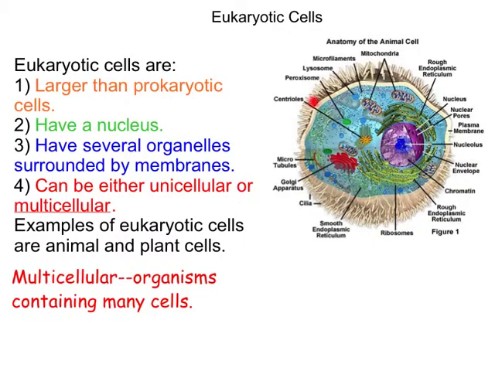So not only does the cell have a membrane, but all of the organelles within the cell are also surrounded by a membrane, including the nucleus. These cells can either exist by themselves or as part of a much larger multi-celled organism. Examples of eukaryotic cells, the two main ones we will focus on, are animal and plant cells.